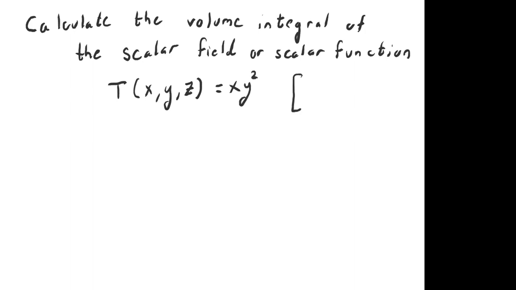So one example of this scalar field, a scalar function, is the density of a substance at some point. Piece of gold, piece of platinum, an alloy, a copper platinum alloy. At every point in the material, x, y, z, there's a density that you can calculate using this relationship. So I want to calculate the volume integral of the scalar function over a prism.